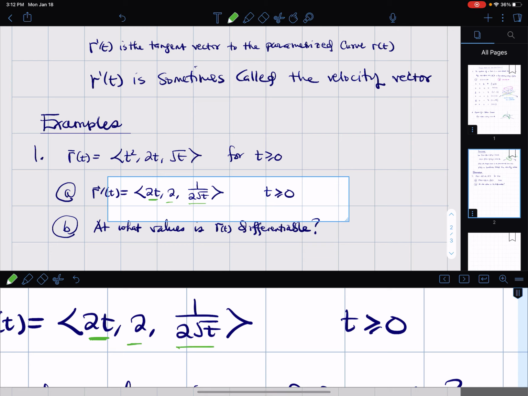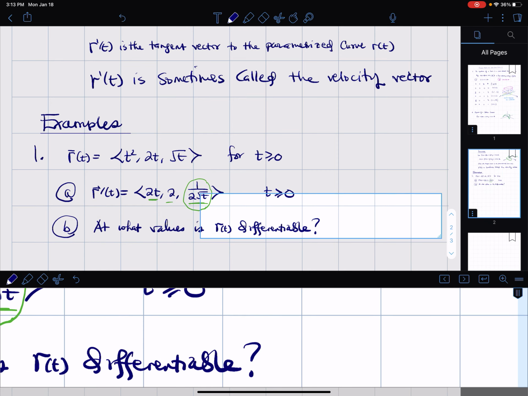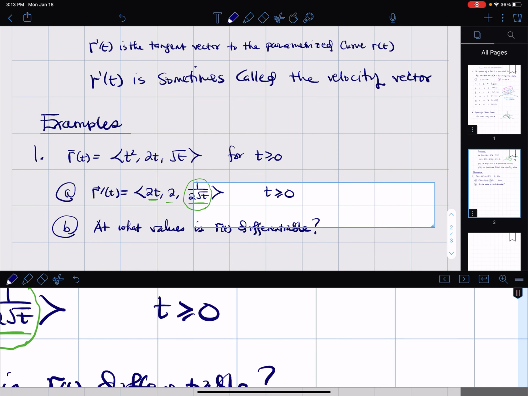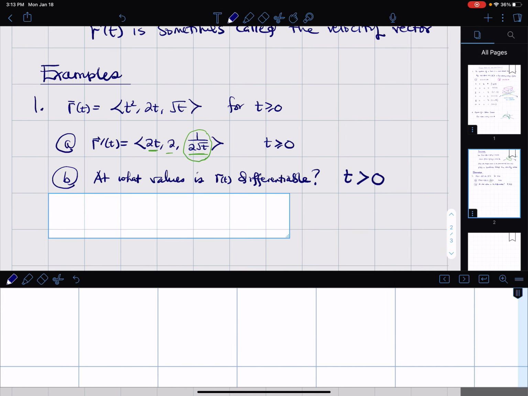Same thing with 2. But for the last one, we can only find the value of this function when the denominator is greater than 0. So that spoils it for the other two. It has to work for all three. So it only works for the third one when t is greater than 0. So this is when the function is differentiable.